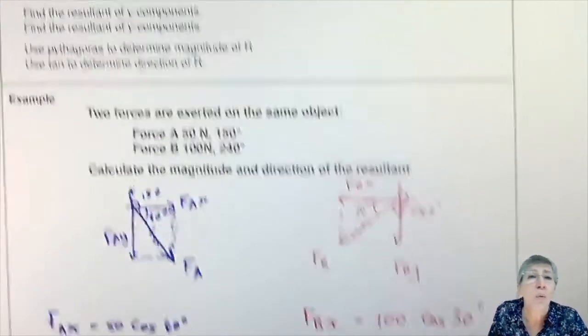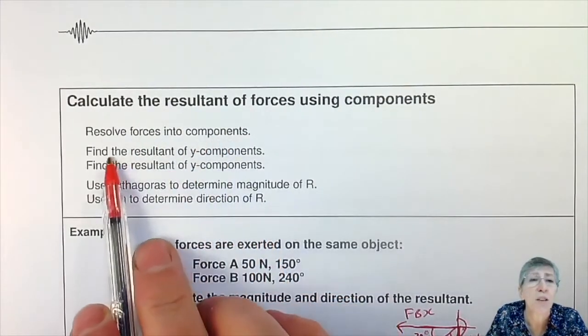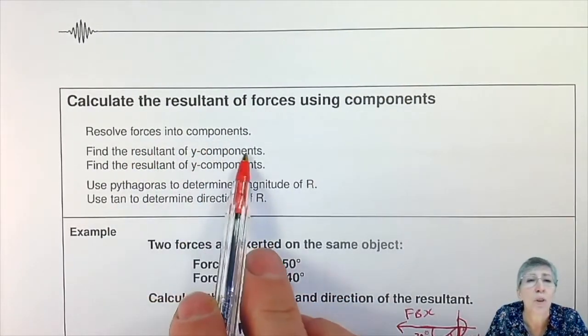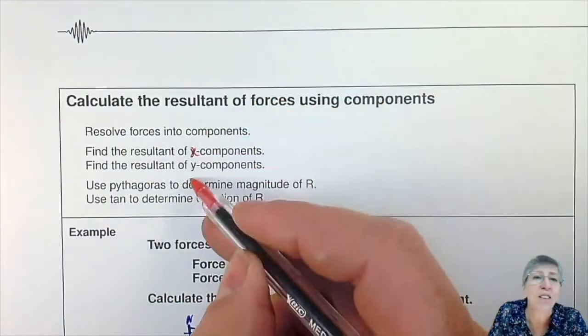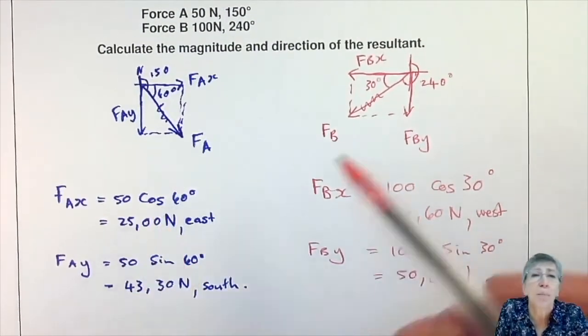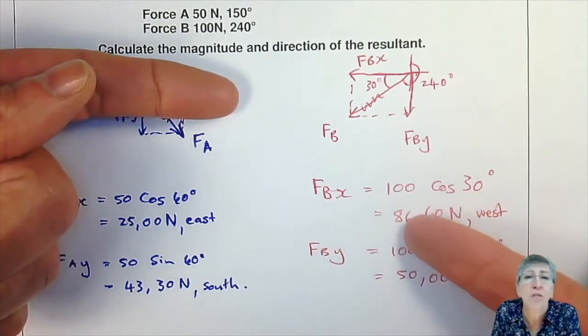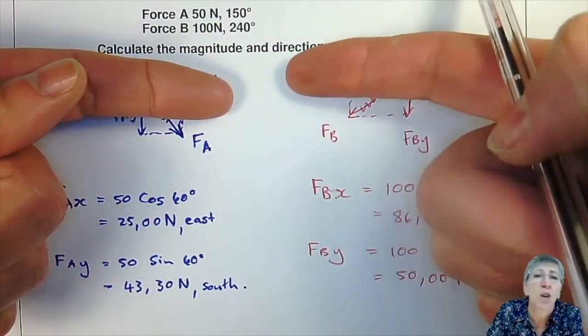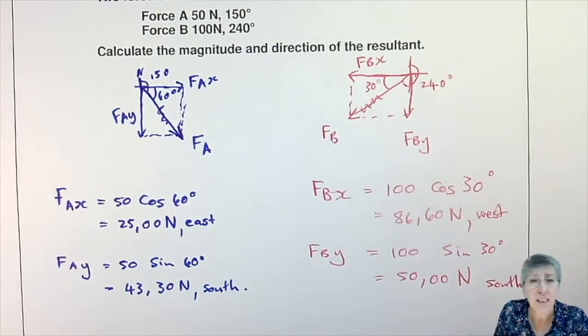Right, so now we have resolved the forces into components. Next up, we're going to get the resultant of all the X components and the resultant of all the Y components. So let's look at the X component. So I've got 25 east and I've got 86,60 west. So west is definitely the one that is bigger.